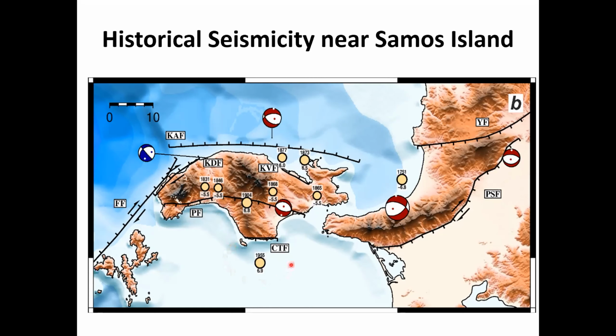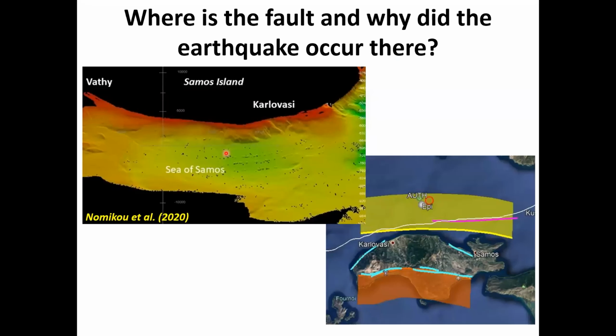The 1855 event occurred in the south, so suddenly we have another major fault here, the Kaisios fault, which hadn't ruptured definitely for more than 250 years. Most probably the previous earthquake there was around 47 AD, but that's another topic. So this information can also help you, and you can also use additional information.